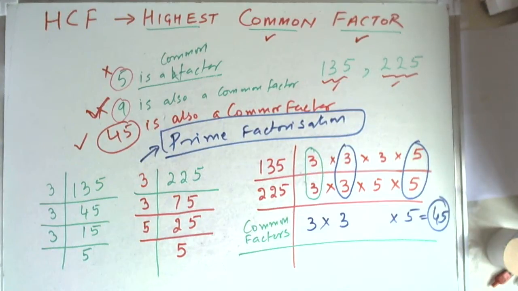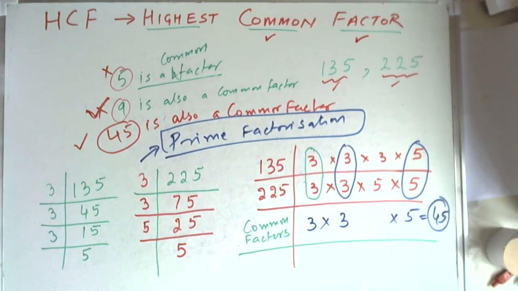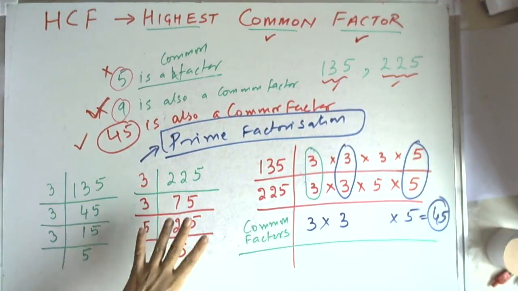So what we are going to do, we will individually first factorize the 3 numbers, then we will make a table like this, and then we have to see what is the common factor among the 3 numbers, and then we will multiply that and we will get the highest common factor. So whether it is a pair of numbers or multiple numbers, we can always find the highest common factor by this method called prime factorization, and tabulating the result like this.